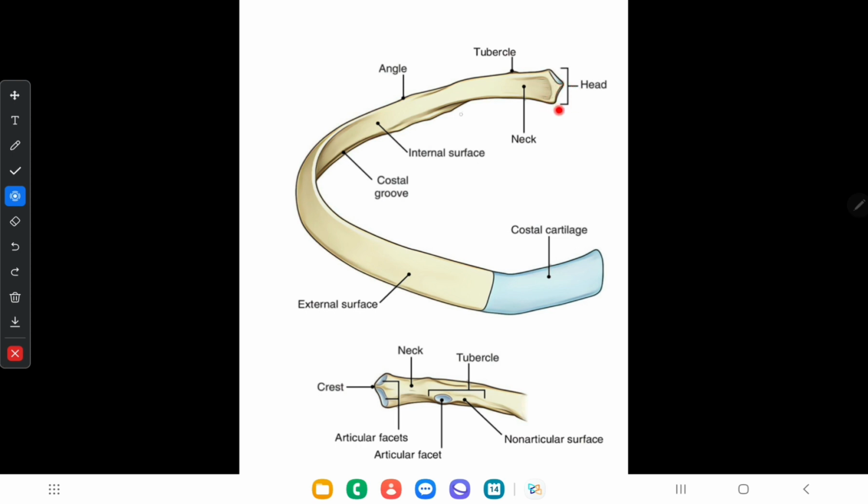That means, imagine this is the third rib. This lower facet articulates with the third vertebra and this upper facet articulates with the second vertebra.